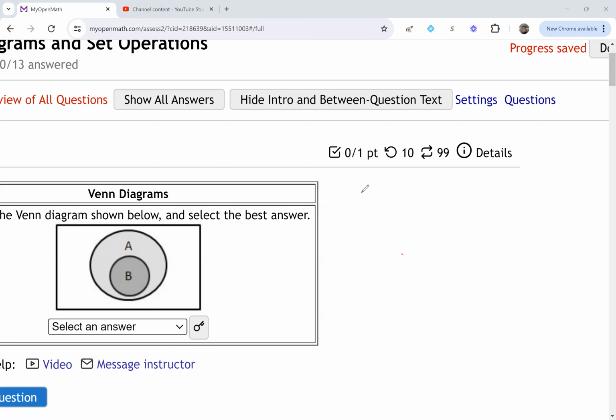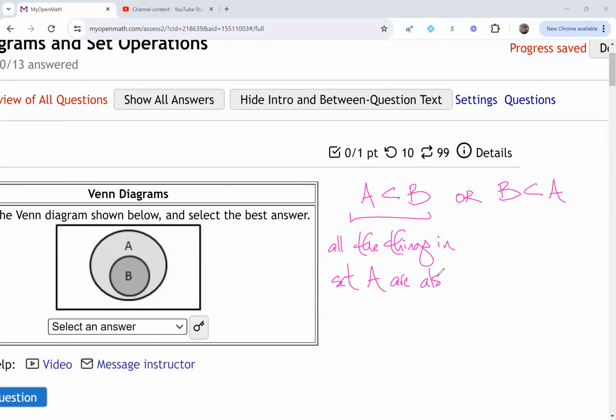And so we used notation where we said A is a proper subset of B, or maybe we had B is a proper subset of A. In this first way of writing it, it means that all the things in set A are also in set B. Okay, so all the things that are in A are also in set B.